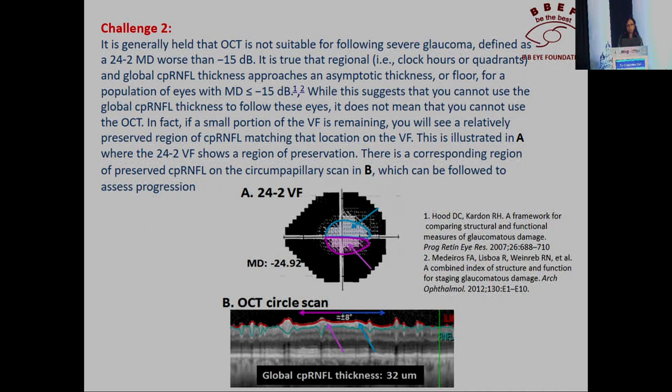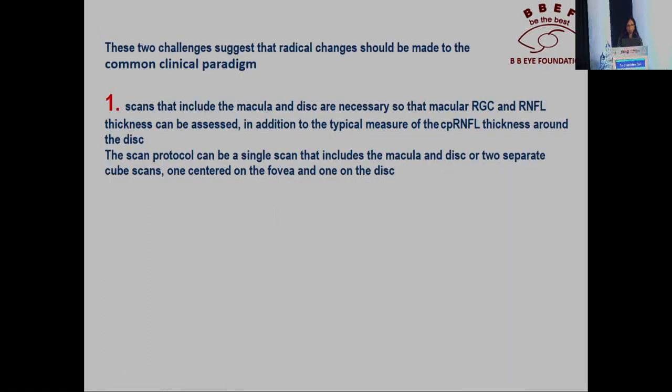And the challenge too is that in most of these cases, we say the OCT is useless in advanced glaucoma. But if you look at this, where the 24-2 visual field shows a region of preservation, the corresponding region in this area can be seen. You can pick it up if you look at it carefully instead of going by the numbers.